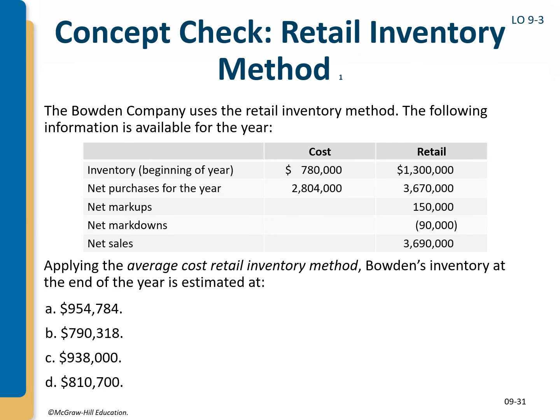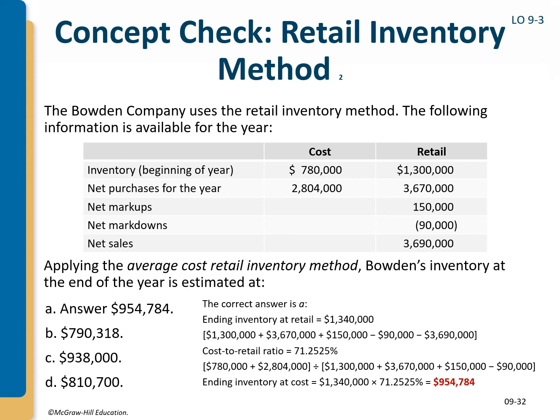Here's another example. Bowden Company uses the retail inventory method. The following information is available for the year. Now this company uses average cost just like we just did. So take a look. We would take the ending inventory at retail, $1,300,000 plus $3,670,000 plus the markups minus the markdowns minus the net sales. So the estimated ending inventory at retail is $1,340,000. What's the cost to retail ratio?